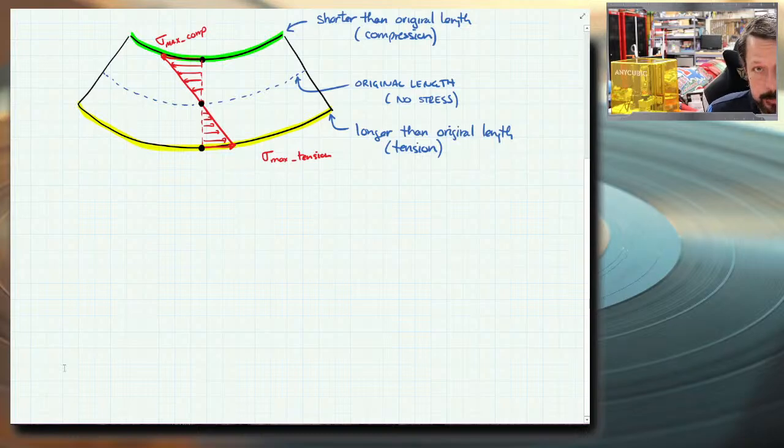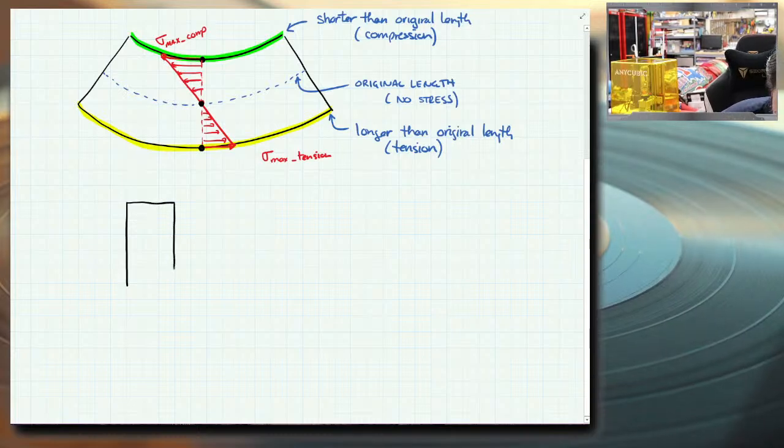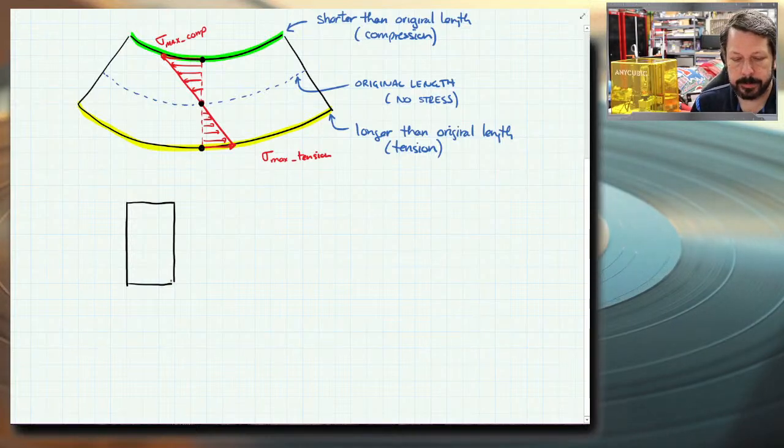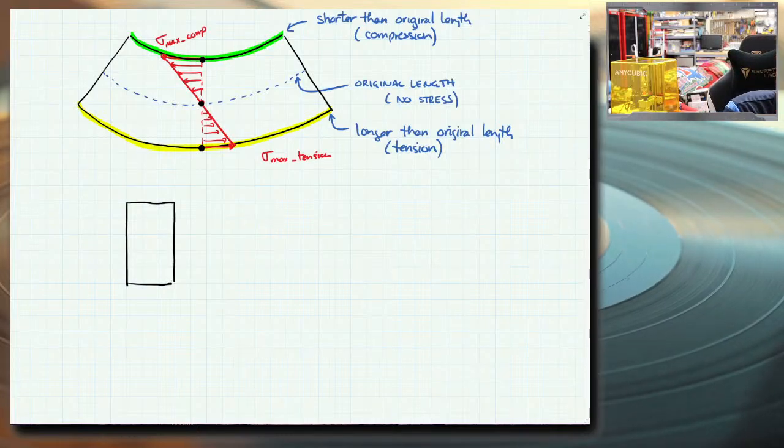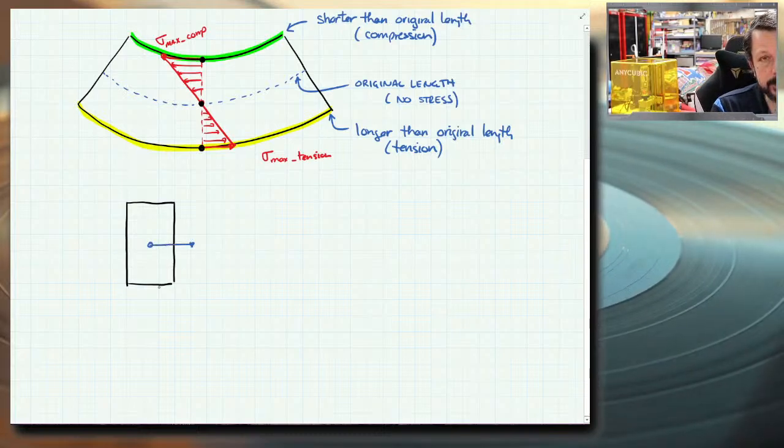If our beam has a rectangular cross section, then this point where there's zero stress is located directly in the center. But it's not the center, it's the centroid. So whatever the centroid of the cross section, whether it's a T or an I or a rectangle or a circle, doesn't matter.